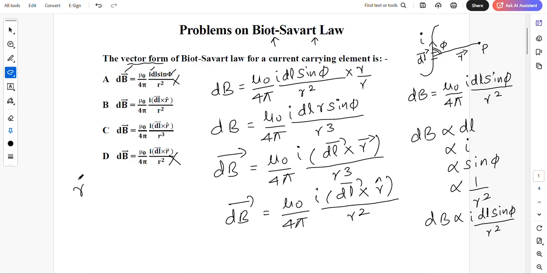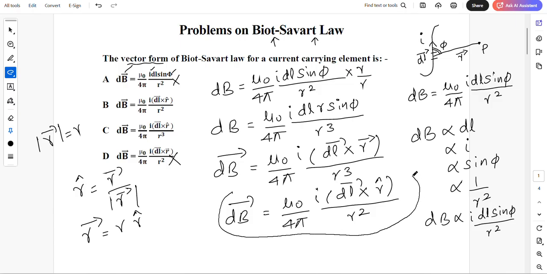Because we know that r cap is equal to vector r divided by the magnitude of vector r. Vector r can be written as r into r cap, because we know that the magnitude of vector r is equal to r itself. Now if you substitute here r into r cap, this r and this r get cancelled, and you'll be getting this one.